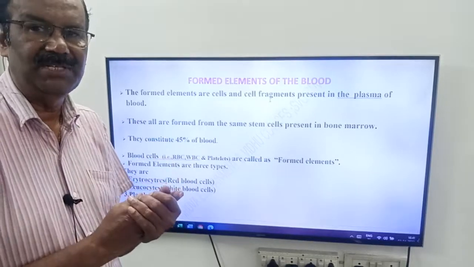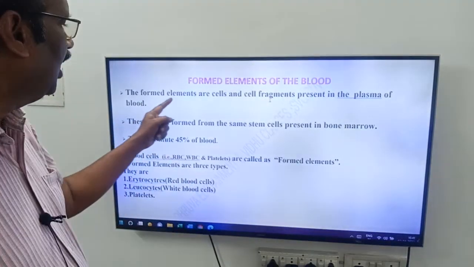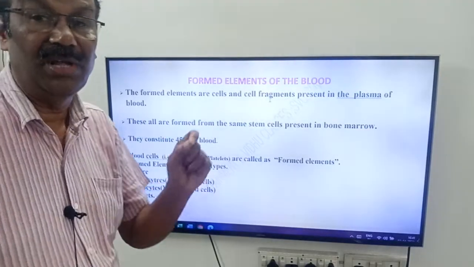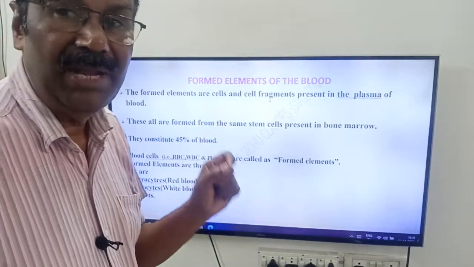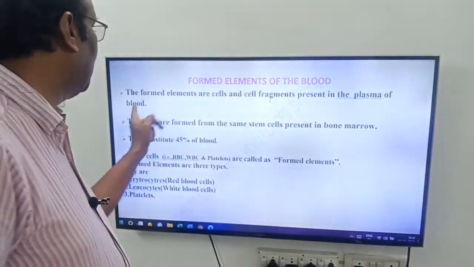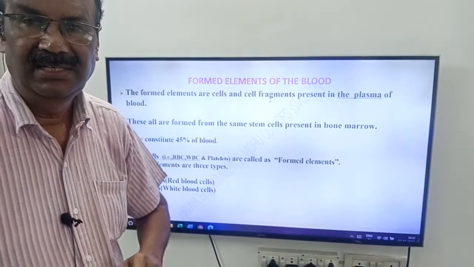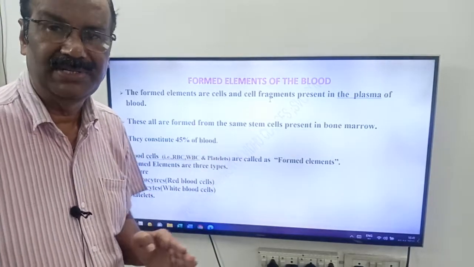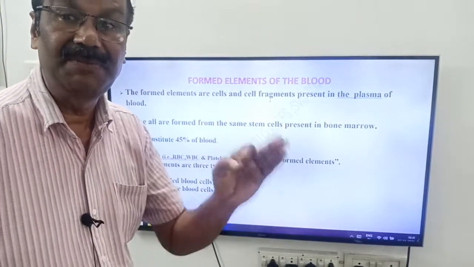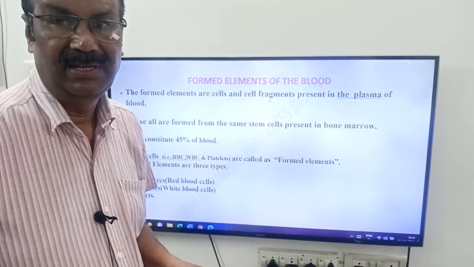Definition of the formed elements of the blood. Formed elements are the cells and cell fragments present in the plasma of the blood. These are cell pieces, cell bits.